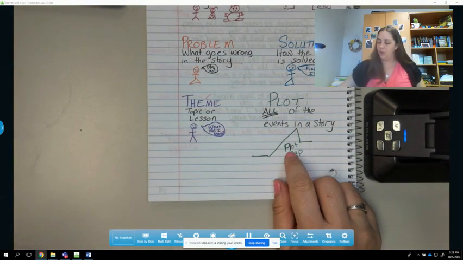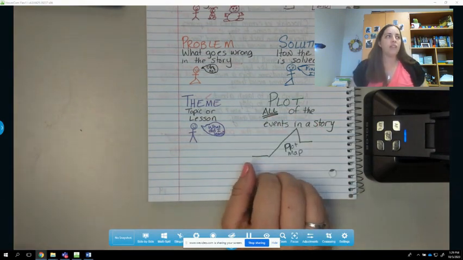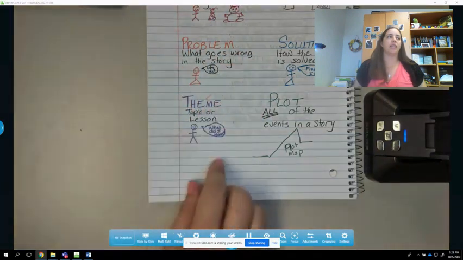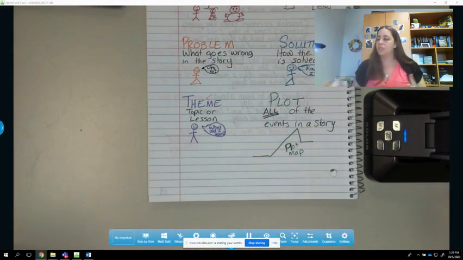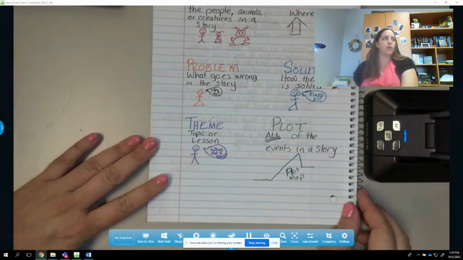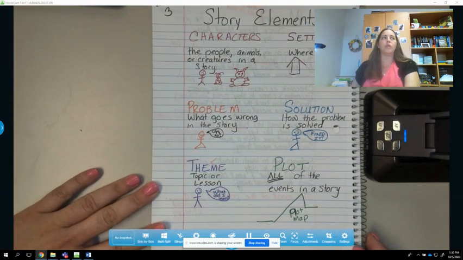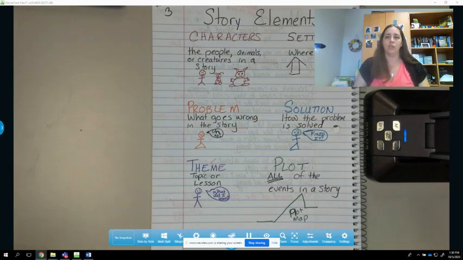Oops. PLOT, plot map. So the plot map is all of the events that happen in the story. It's all of the story elements and then how the story gets moved from one section to another. And those are our story elements that we're going to be going over. This is just your, again, introduction, and we'll be going over each and every one of these in a little bit more detail as the unit progresses.